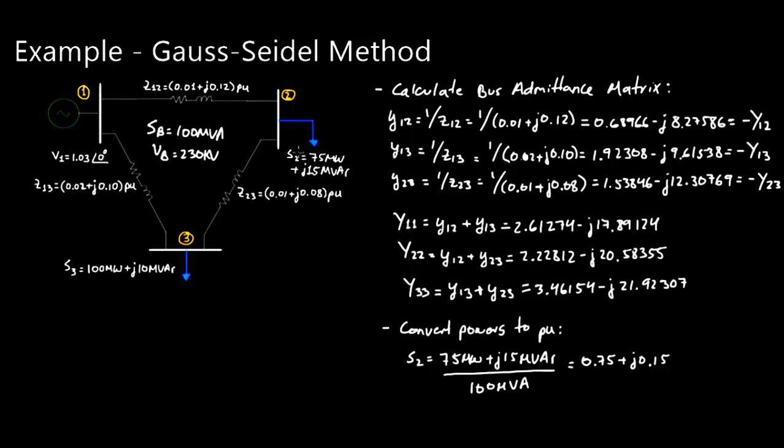And so for this example where we have loads at bus 2 and 3, these loads of course are going to draw current from that bus, meaning they're going to draw power from the bus. So we need to define in our Gauss-Seidel equation those powers as negative. So I want to say parentheses over here and negative here.